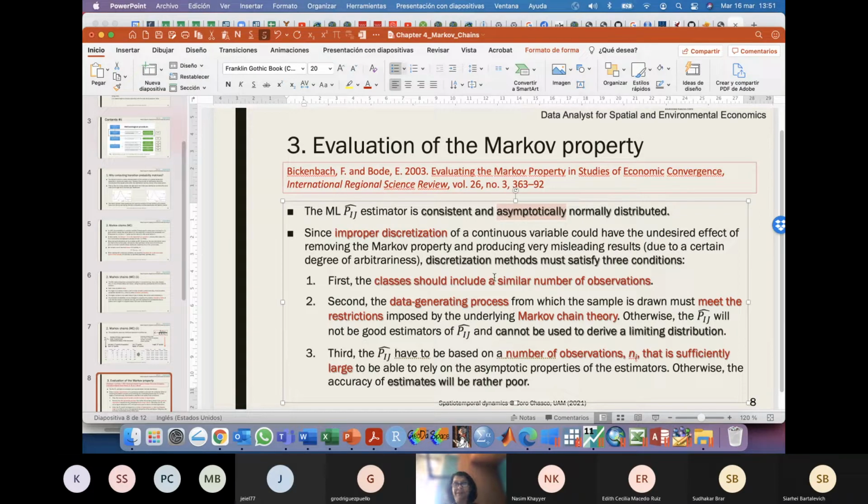So why can we have this kind of misleading results, or maybe fail in getting this Markov property? Because we have this degree of arbitrariness, as I said.